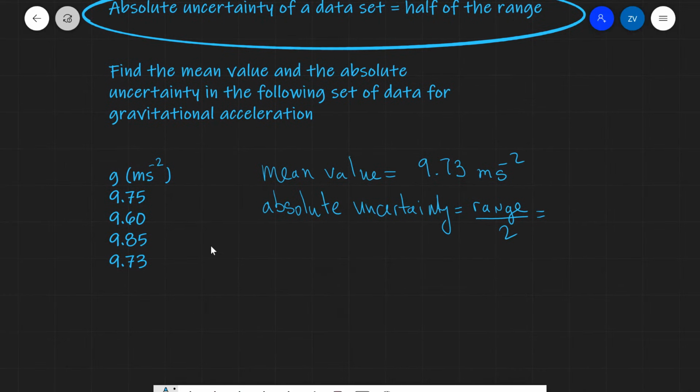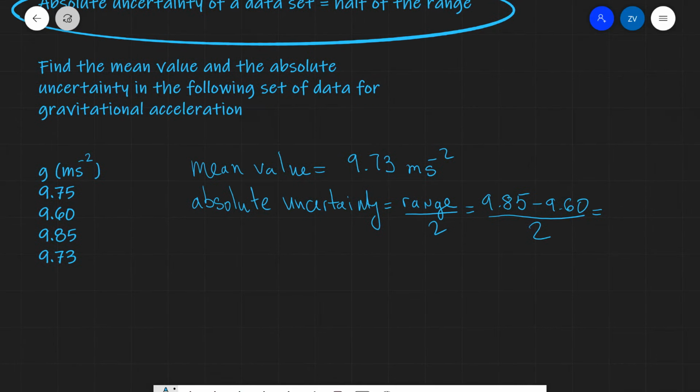Now the range is equal to our largest value, which is 9.84, we're going to take away the smallest value, which is 9.60, and then we're going to divide that by 2. Plugging that into a calculator, we're going to get 0.125 meters per second squared as our uncertainty.